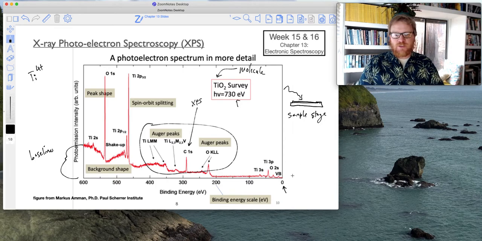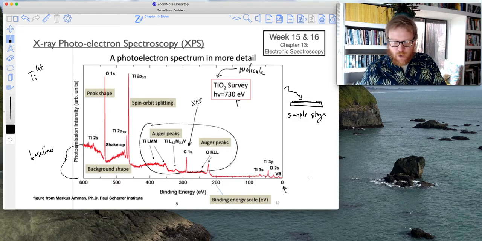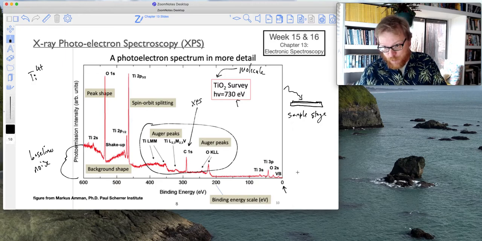And those electrons are typically not well defined. They're not coming from quantized levels. And so that gives a lot of background noise, okay? So that's just a really noisy background. And so that's why the process of deconvolution in XPS is really important, because these baselines in XPS are always quite terrible.